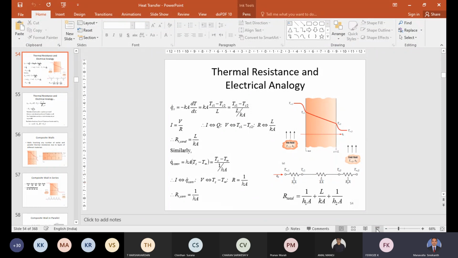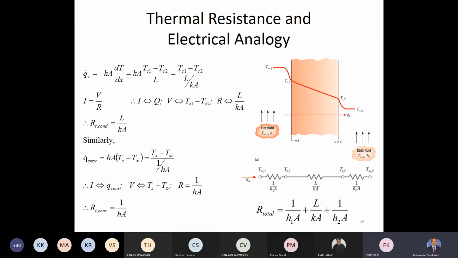We have made ourselves familiar with the concept of thermal resistance and electrical analogy. Whatever heat has to be transferred is offered some resistance by the material property itself, which in conduction is the thermal conductivity as well as the thickness of the material. So that becomes key.